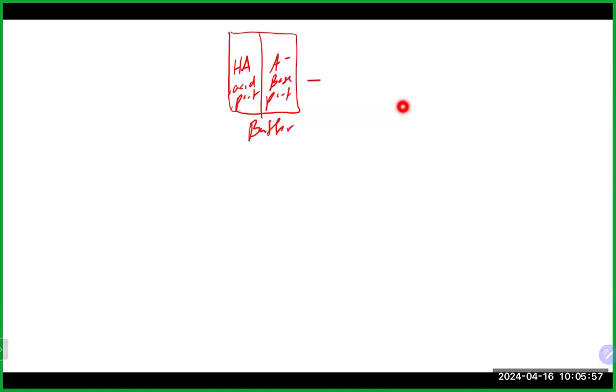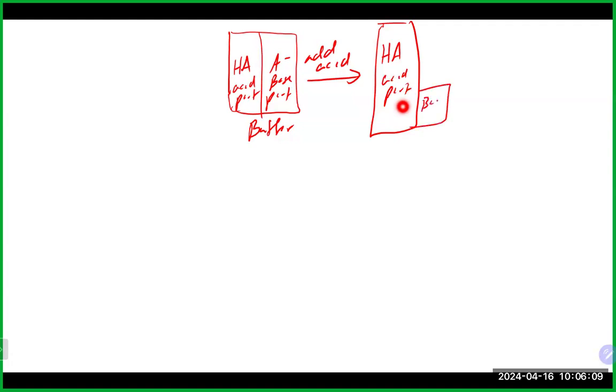And when we do add acid, it will react again with the base part and produce more of the acid part and use up some of the base part. And when we add base, it will use up some of the acid part and make some more of the base part.